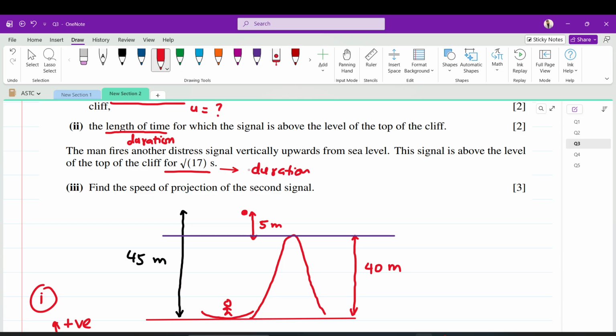This is for how much time the signal was above the level of the cliff. Find the speed of projection of the second signal. So now you need to find out the initial velocity of the signal.